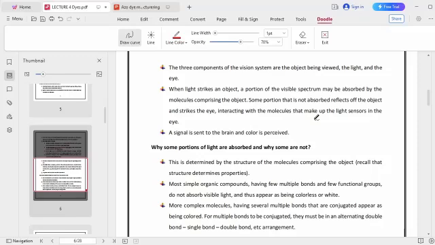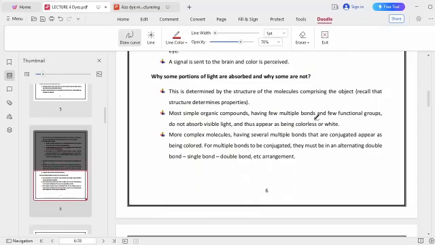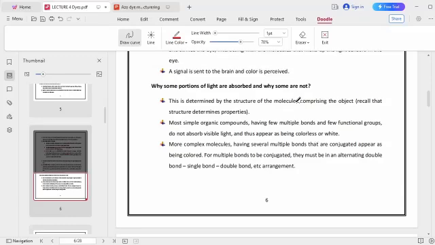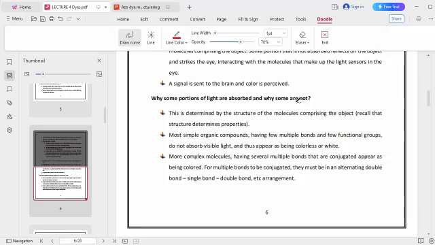So where do the other colors come from now? The other colors come from the fact that some substrates can absorb some and reflect some light. Remember, we were saying when all the light is absorbed, that's when we see black color.